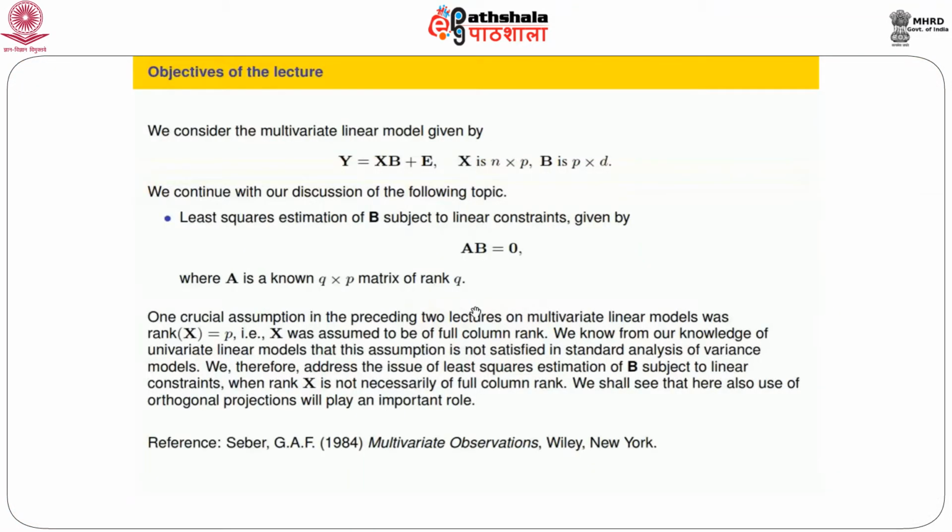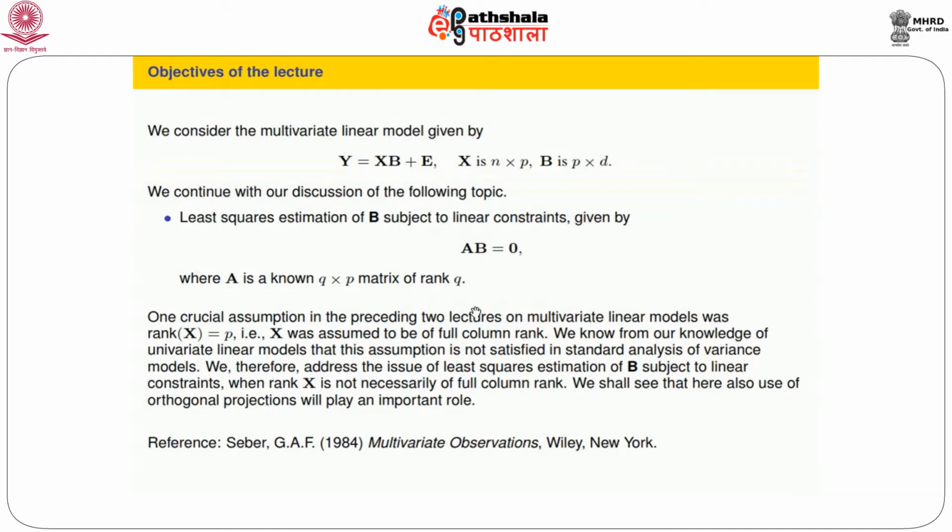So this is the fifth lecture on multivariate linear models, and the question that we are addressing is this. This is the linear model we are considering: Y is equal to XB plus E. X is a design matrix of size n cross p, and this B matrix is of size p cross d.